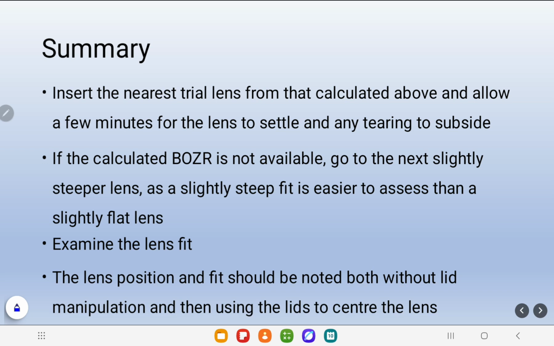Then you have to insert the nearest possible trial lens, which is actually the same as the contact lens we are going to prescribe, into the patient's eye.